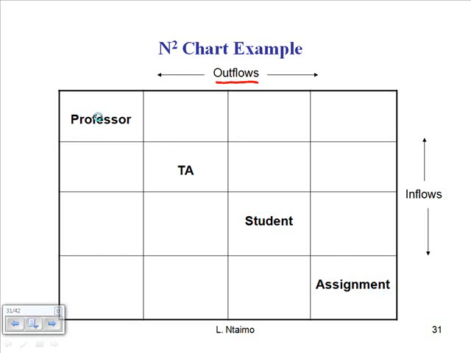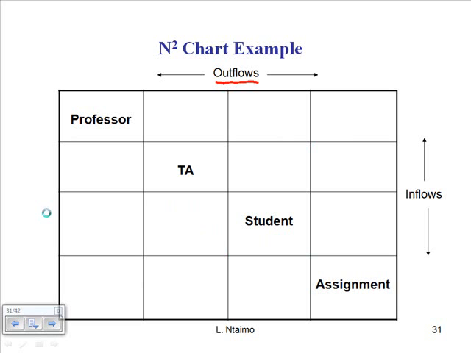So whatever comes out of this entity is going to go in these 3 cells. So there's professor. What goes out of the professor to TA, it's going to come here. To the student, it's going to come here. To assignment, it's going to come here. And then the inflows are going to appear on these cells. This is what comes back.